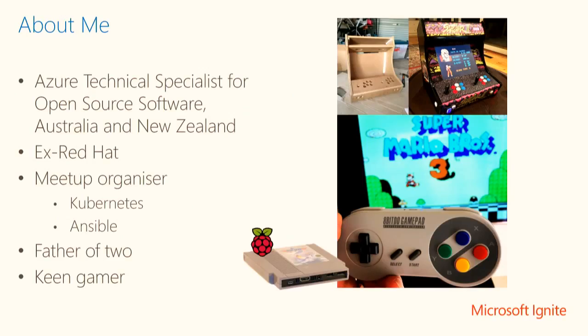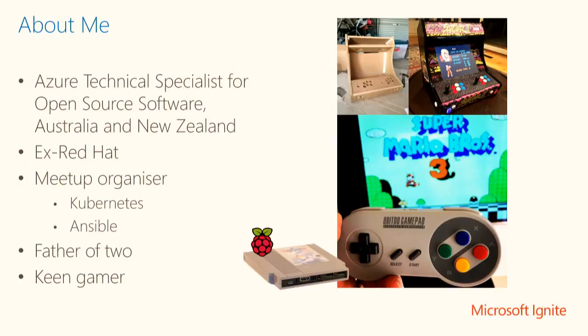So my name's Ken Thompson. I'm an Azure technical specialist, part of the global black belt team at Microsoft, and I look after open source software solutions for customers and partners in Australia and New Zealand. I came from Red Hat, so my background is Red Hat Enterprise Linux, OpenShift, Docker and Kubernetes.